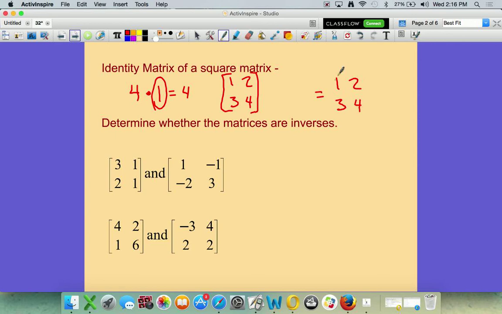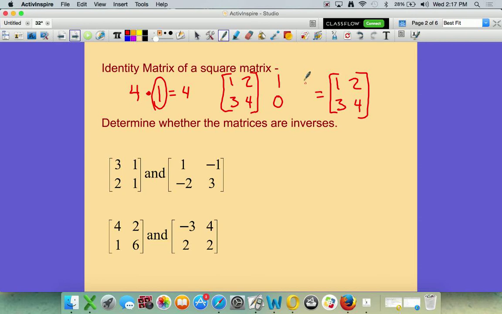Well, let's try it out. I think most of you would say, well, we got to put a 1 there. So 1 times 1 gives us 1. 2 times what? Well, that's got to be a 0 to keep our 1. Alright, if we come down here to 3, 3 times 1 is 3, plus 4 times 0 is 0, gives us 3.